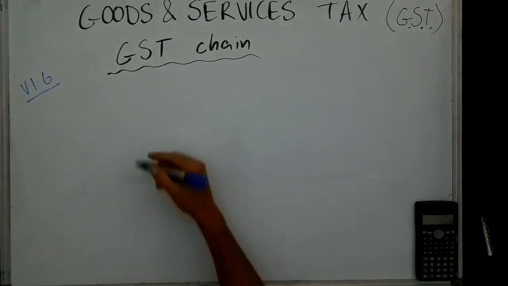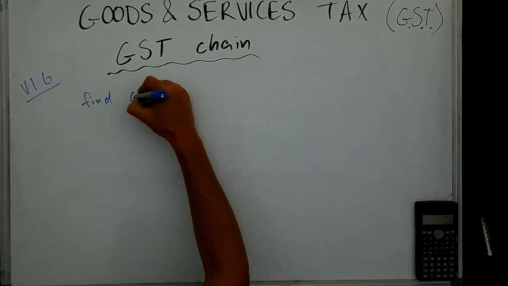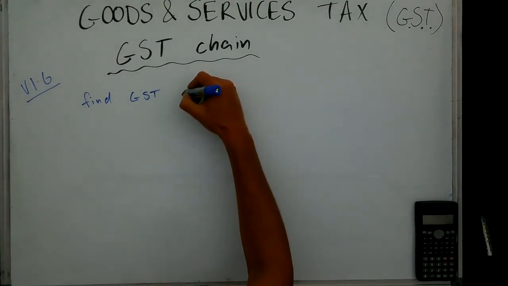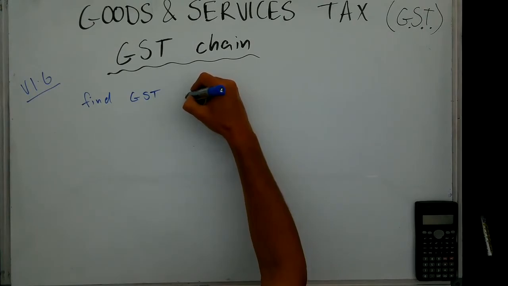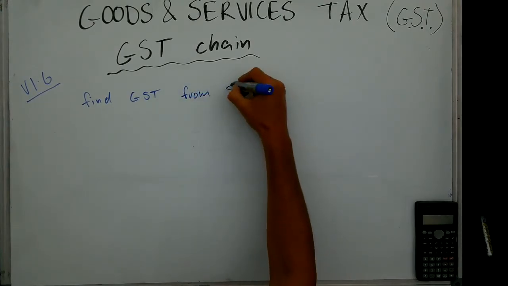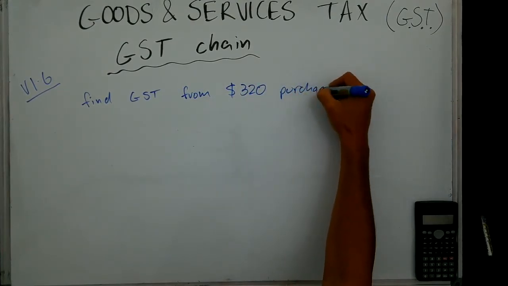So this is the divide by 11. Find GST from $320 purchase.